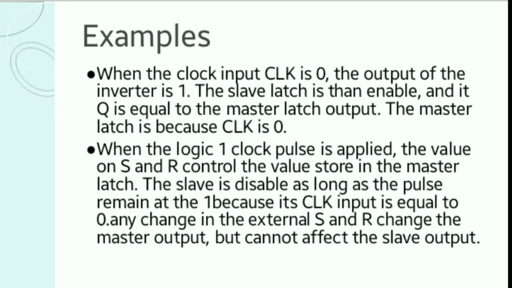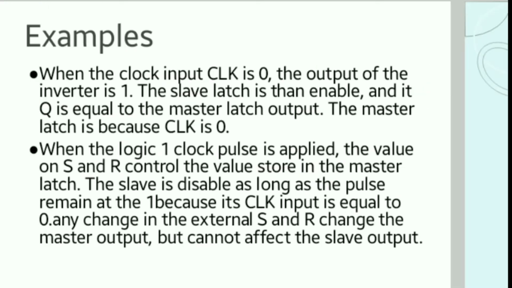When the logic 1 clock pulse is applied, the values of S and R control the value in the master latch. The slave is disabled as long as the pulse remains at 1 because its clock input is equal to 0. Any changes in external S and R change the master output but cannot affect the slave output.